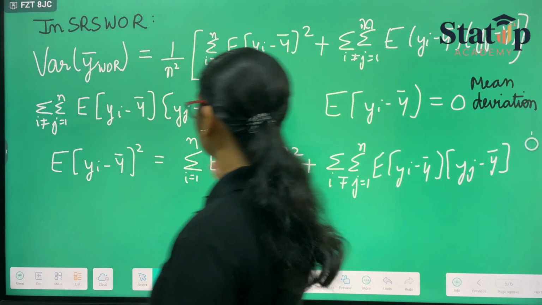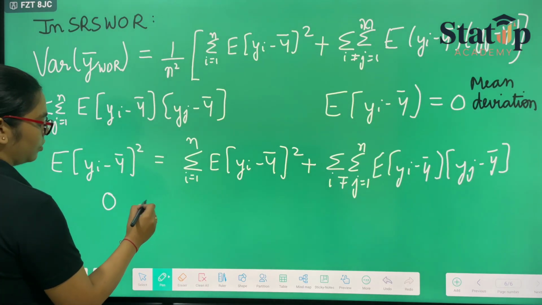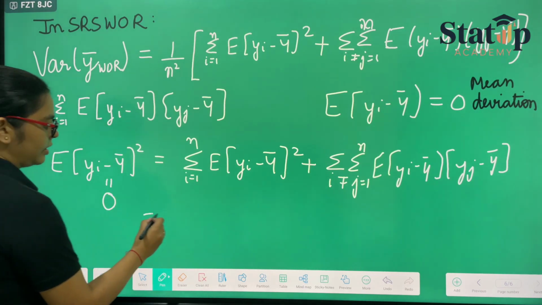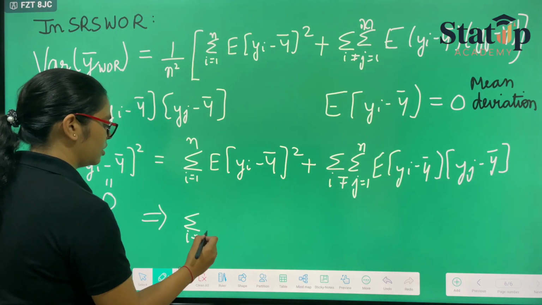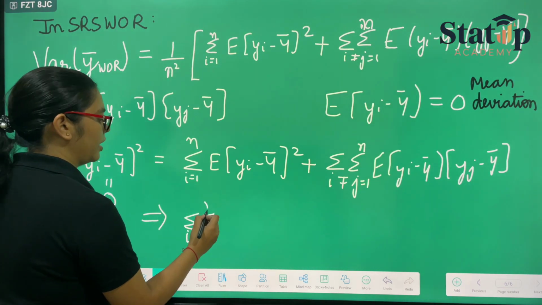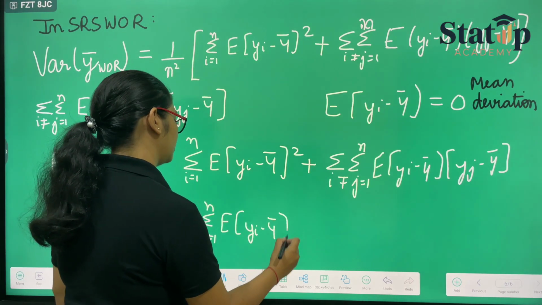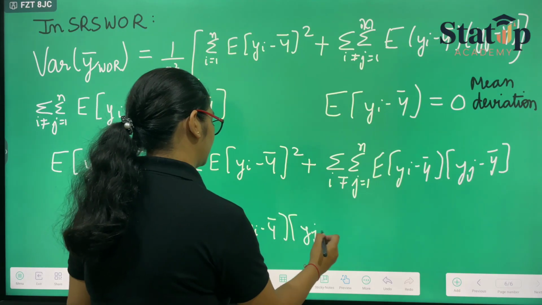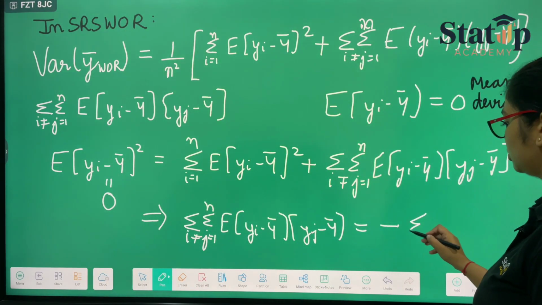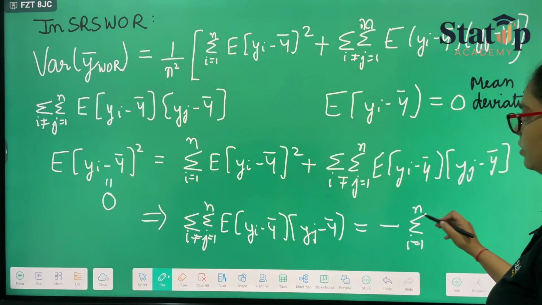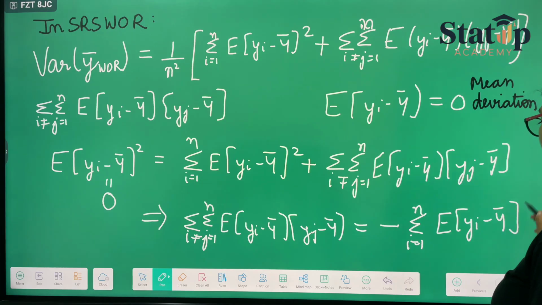Now this is equal to 0, the square also will be equal to 0. So if it is equal to 0, then we can say that summation i not equal to j goes from 1 to n expectation of (yi minus y bar)(yj minus y bar) is nothing but minus summation i goes from 1 to n expectation of (yi minus y bar) whole square.